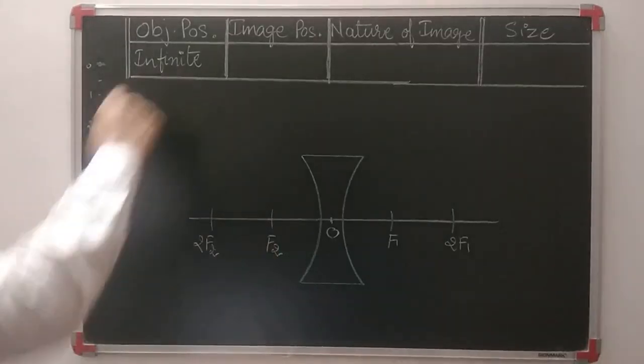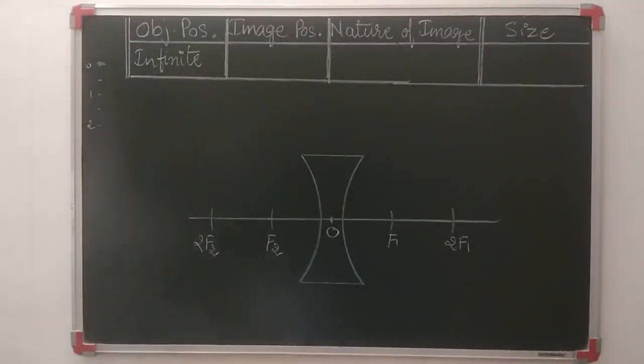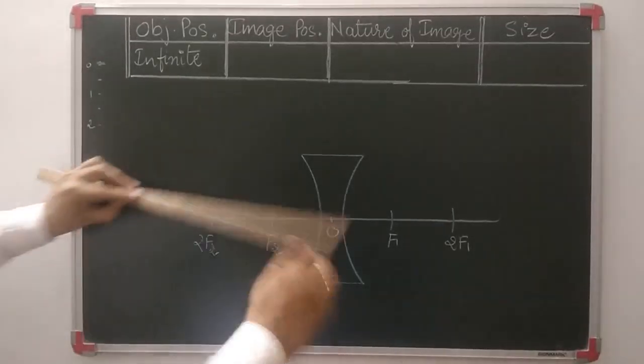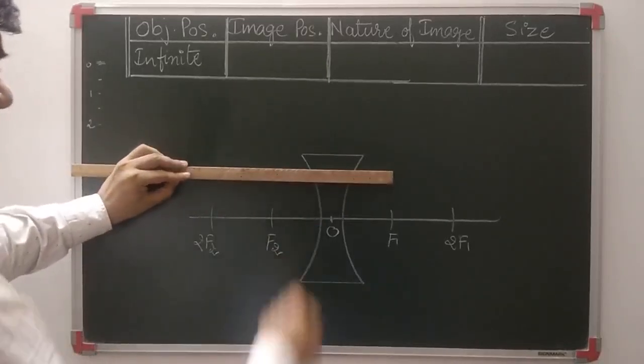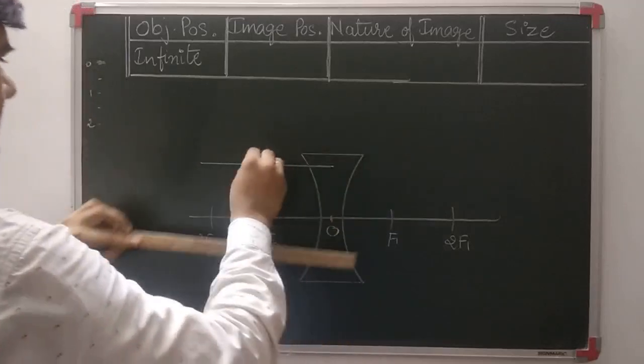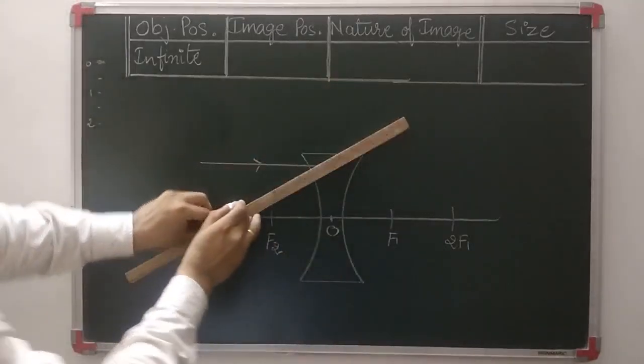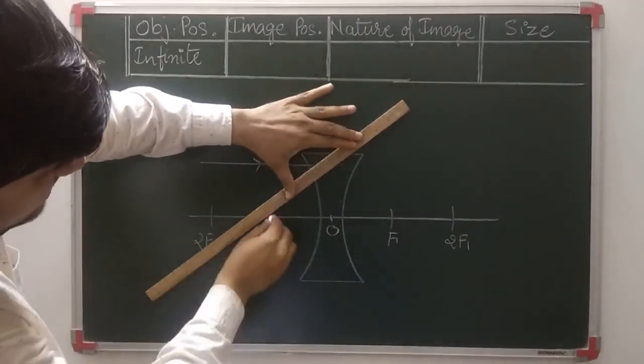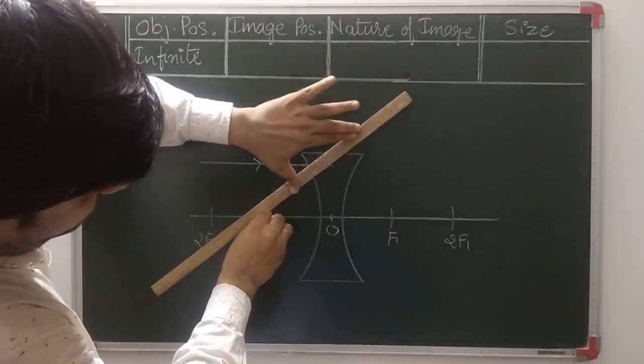First position I have written: the object is at infinite distance. Let us consider the rays which are coming from the object. They are parallel to the principal axis. After diverging, as it is a diverging ray, it passes from the focus.